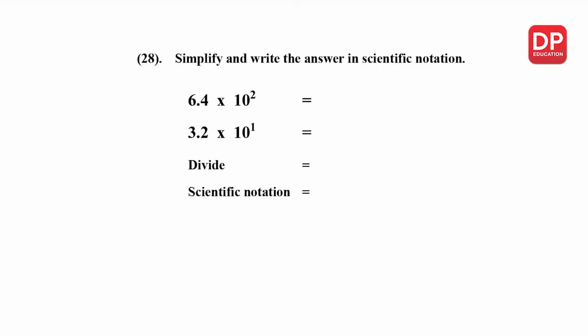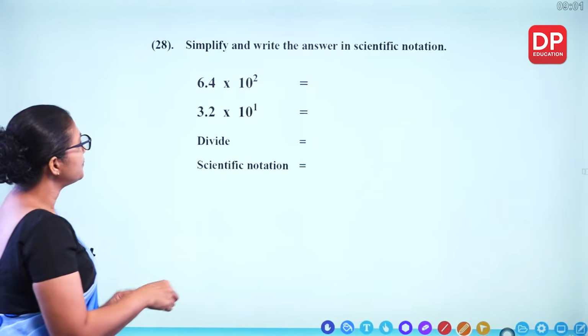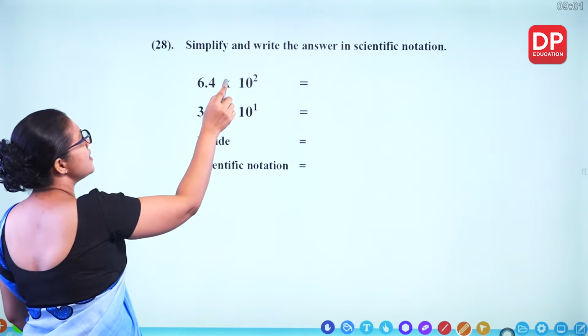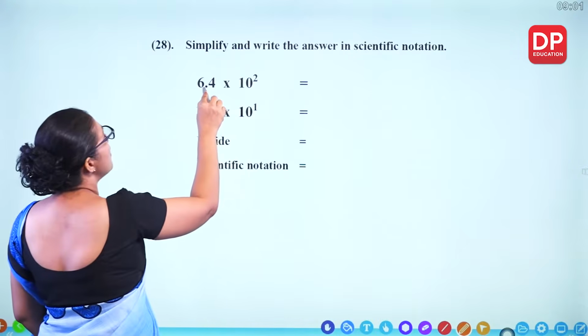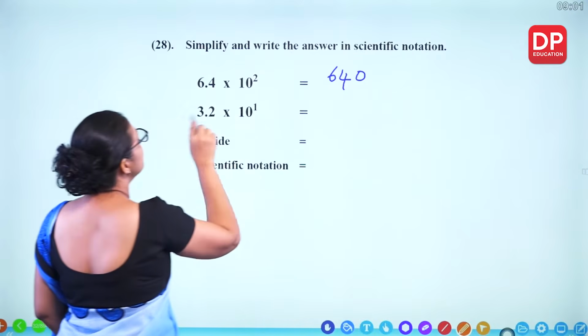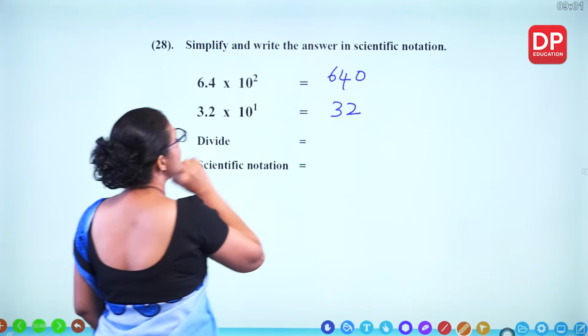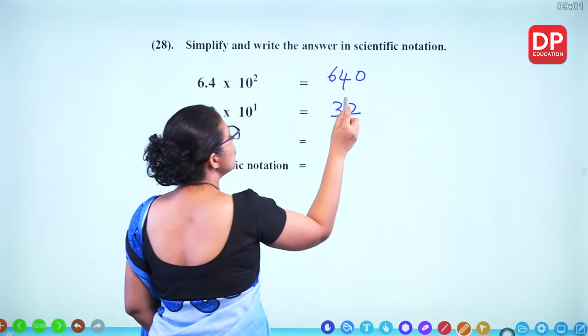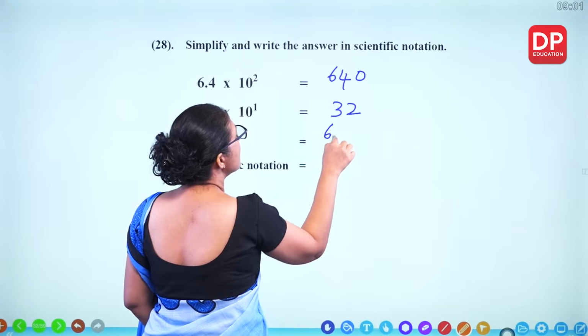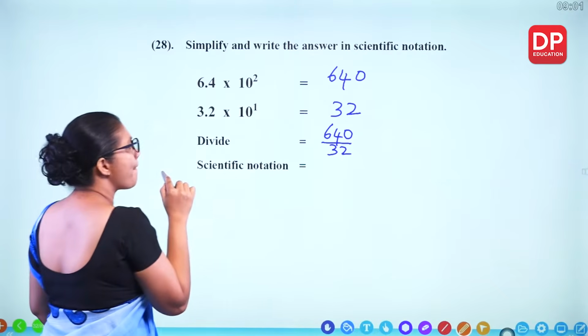Simplify and write the answer in scientific notation. Now, divide the two numbers. First, write in general form. Multiply by 10, this is 640. 10 to the power 1 means move 1 decimal place to the right. 32. Now we have to do 640 divided by 32.